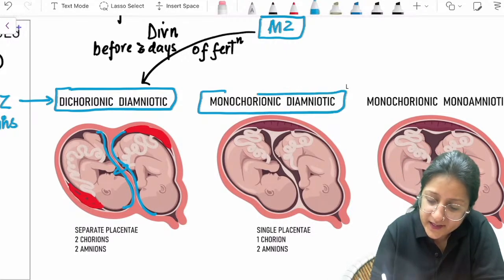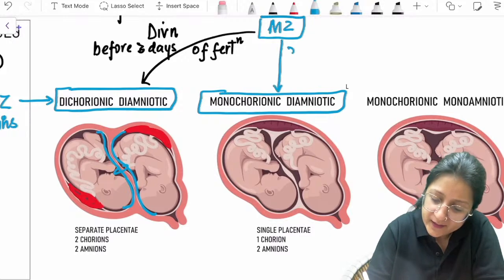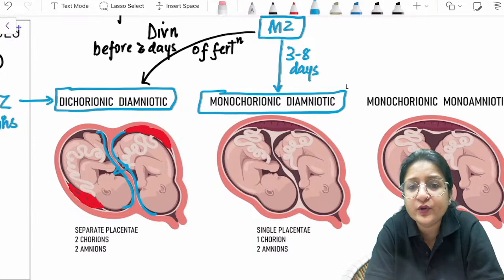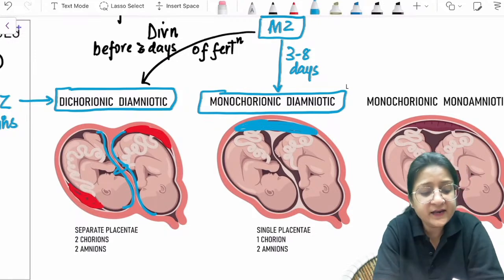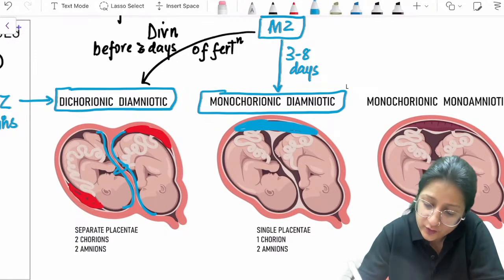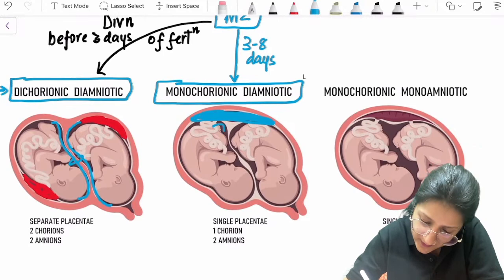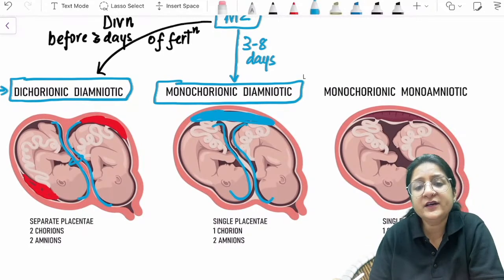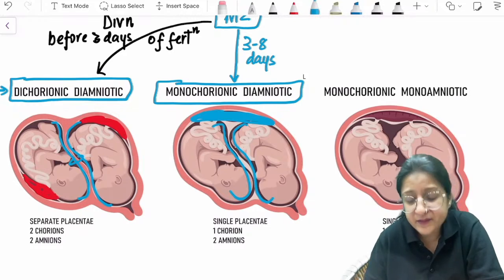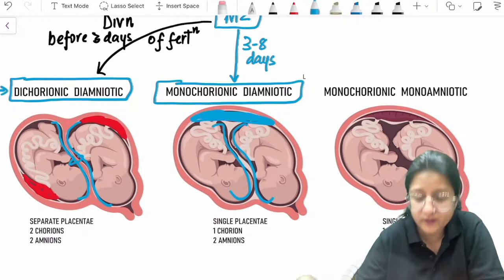Then if the division takes place between 3 to 8 days of fertilization, it gives rise to monochorionic diamniotic. So you see there is a single placenta that is shared between the two twins. And if you look at the intertwin membrane here, there is going to be no intervening chorion in between.